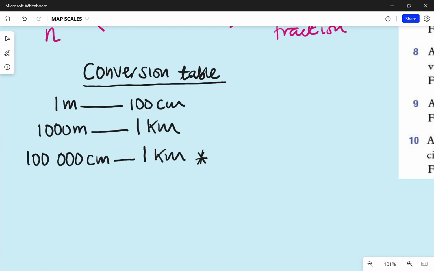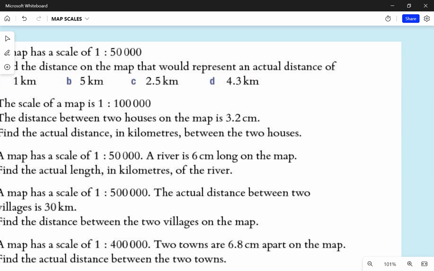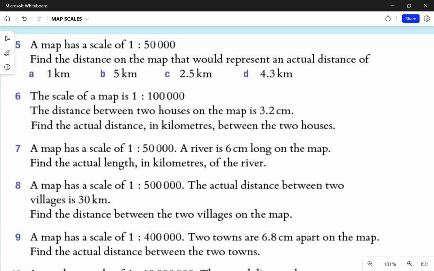All right, now let's look at examples. That is question 5. I'm going to do A and B as examples, then let me get your answers in the comment section.